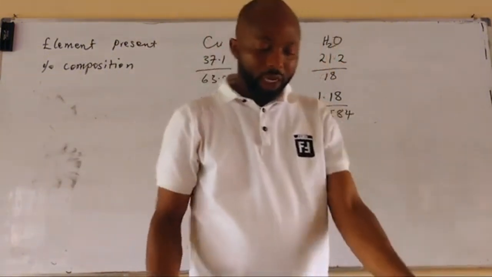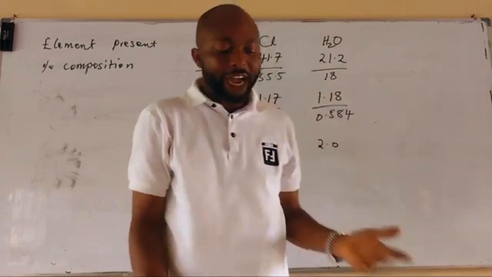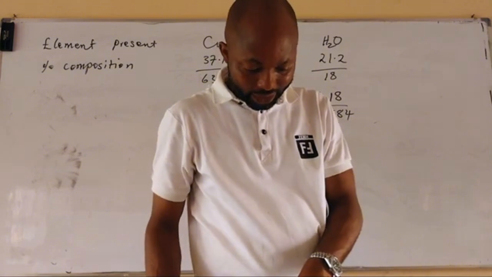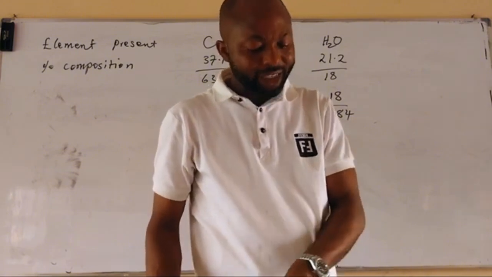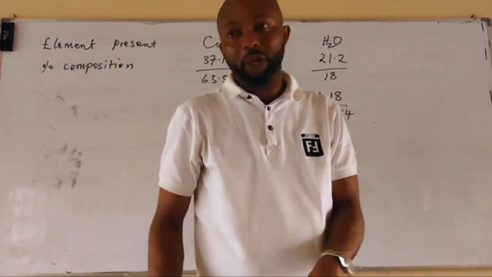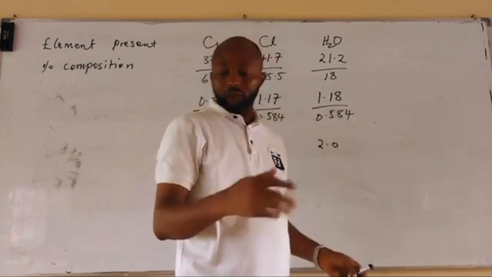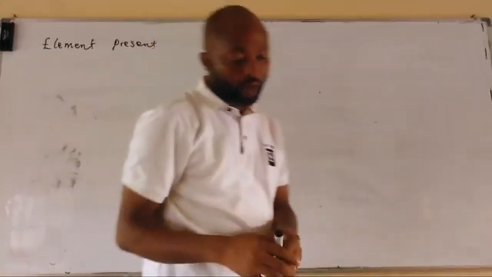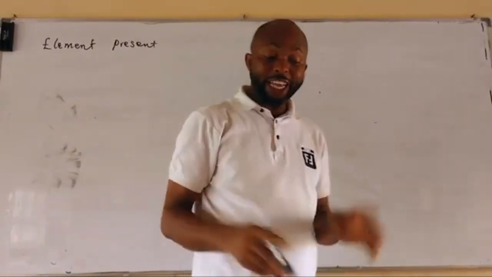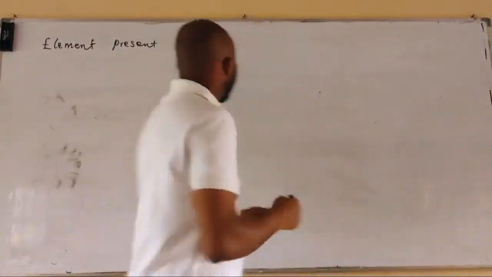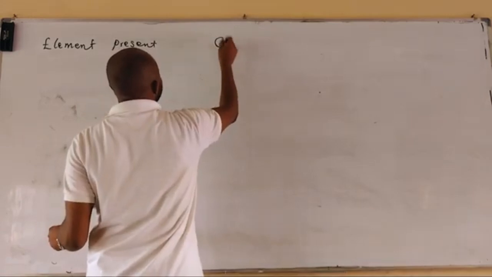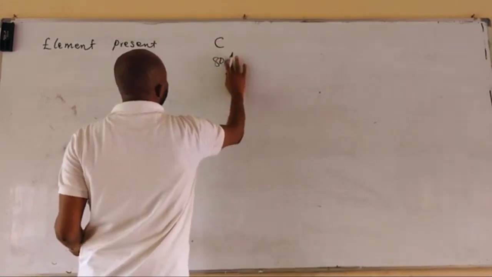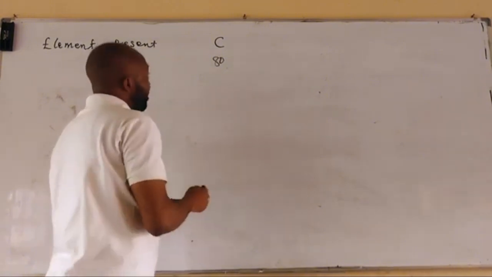Now, let's take another one. A certain hydrocarbon contains 80% carbon by mass. If its relative molecular mass is 30, determine its molecular formula. Okay, this one has to do with molecular formula. So let's clean the board first. The element given is carbon, which is 80% by mass.